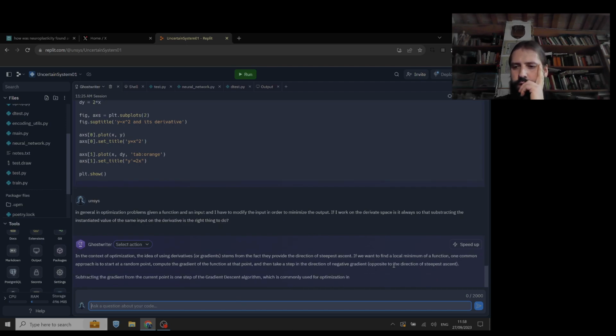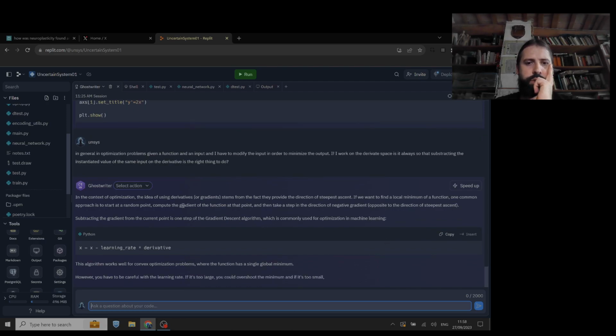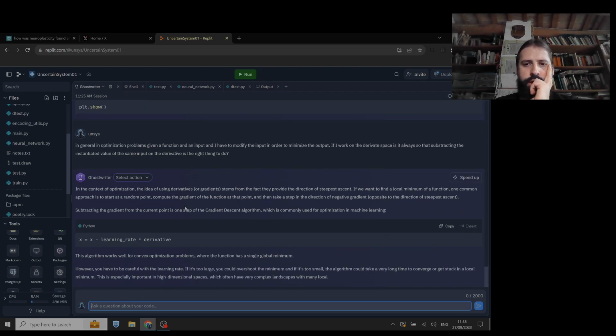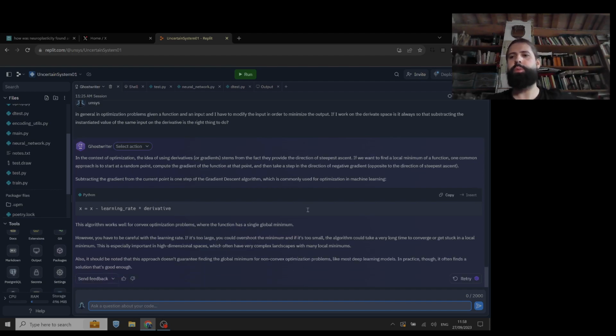If you want to find a local minimum, a common approach is to start at a random point, compute the gradient of the function at that point, and then take a step in the direction opposite of the gradient. Subtracting the gradient is a step. So the subtraction is okay, because essentially, this is just a first principle problem that I'm having.